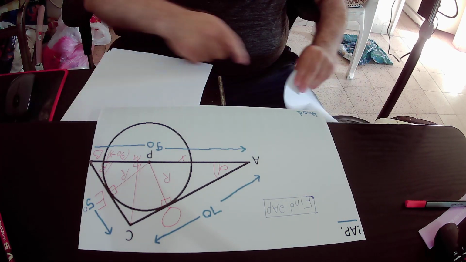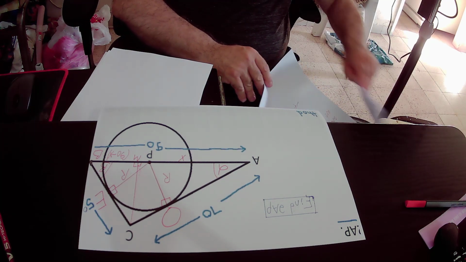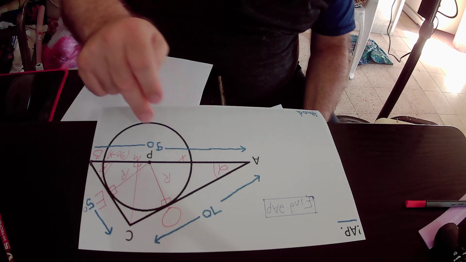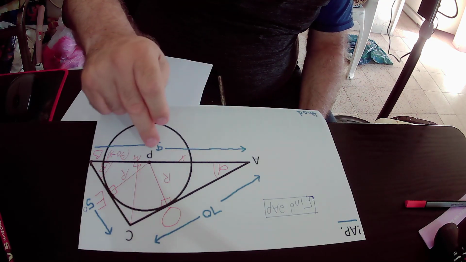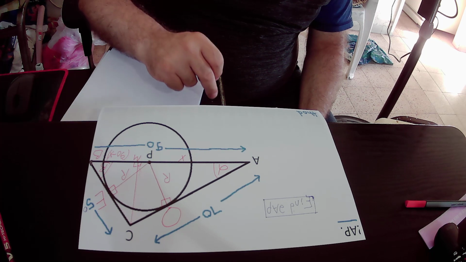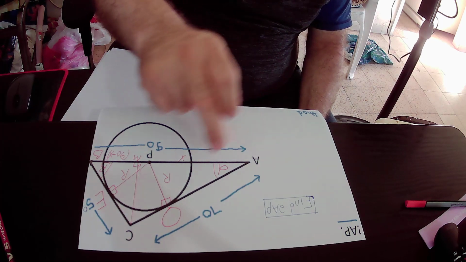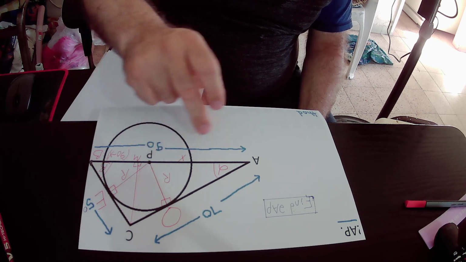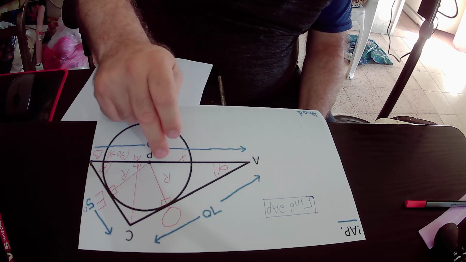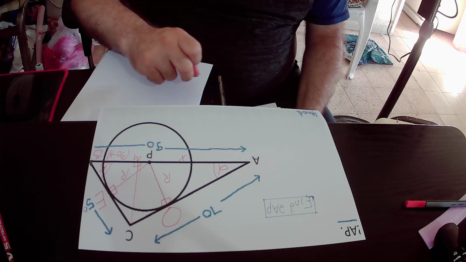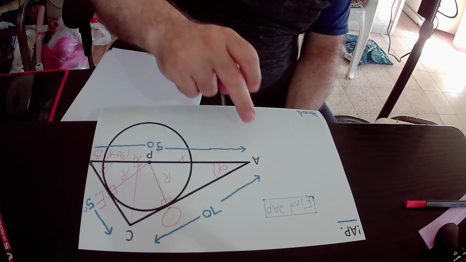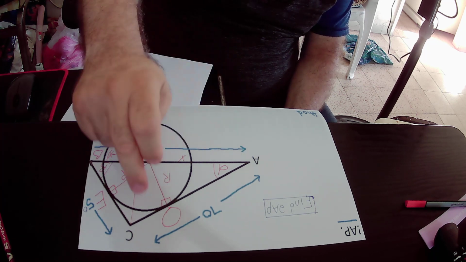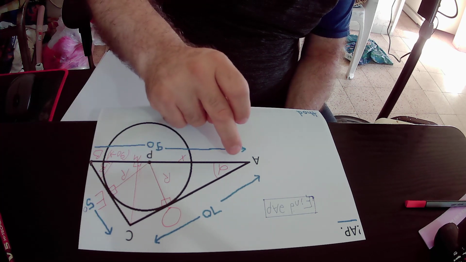And actually we focused on triangles AOP and ACM, and in triangle AOP, sine alpha equals OP over AP. Okay, while in the right triangle ACM, sine alpha equals CM over AC.